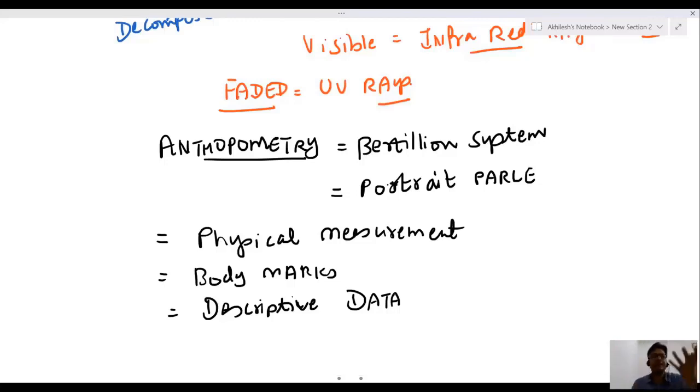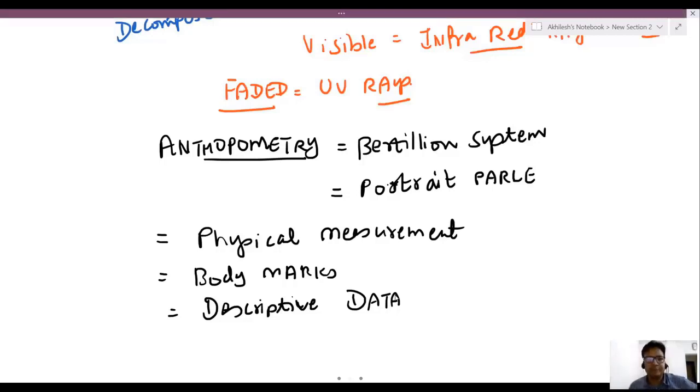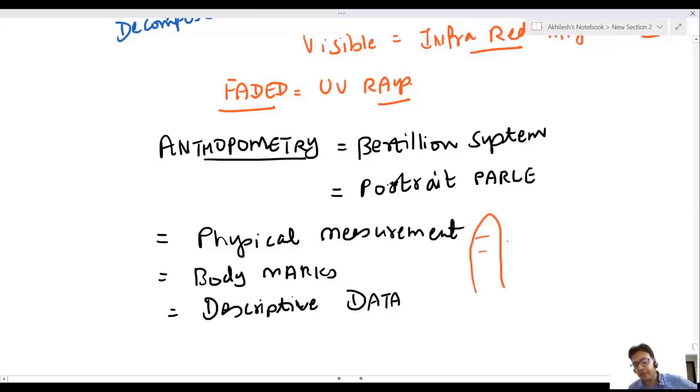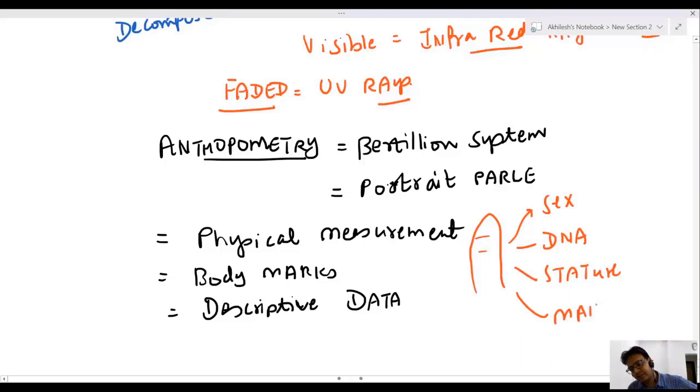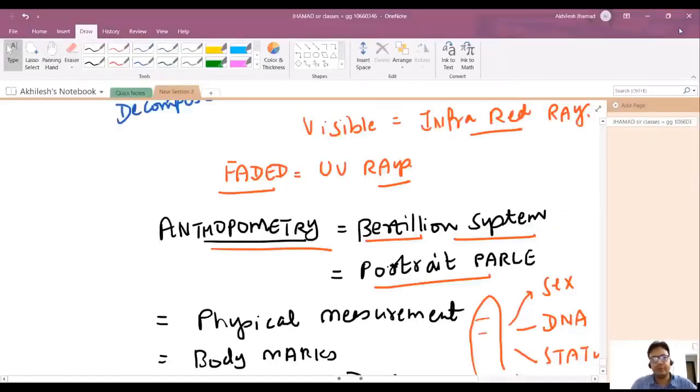A simple example: you found a cut finger somewhere. By this finger, you can identify the sex of a person, DNA of a person, stature of a person, or many other things. So this branch is known as anthropometry. It means that only by body part, body marks, physical measurement, and descriptive data, we can identify the person. This is also known as portrait parlay or the Bertillon system.